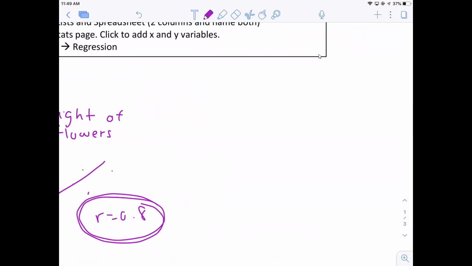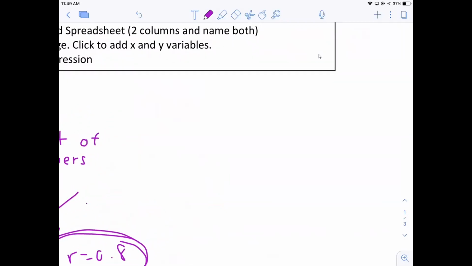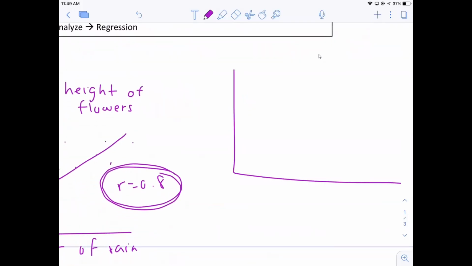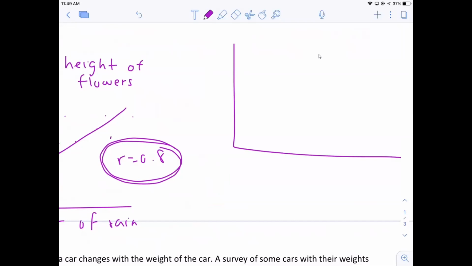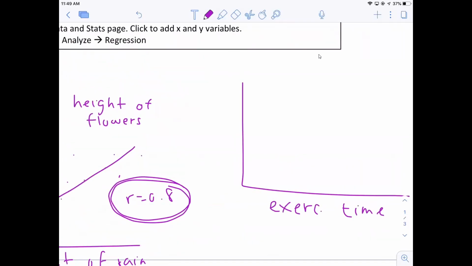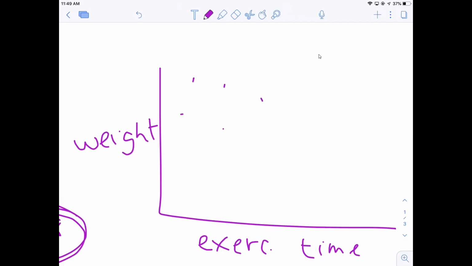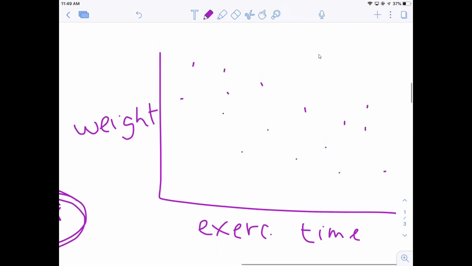For example, let's say the amount of time you spend exercising, right? So actually, let me just go straight to the graph. Let's say you had another graph, which was amount of time you spent exercising. So exercise time and your weight. So you might expect the more time you spend exercising, the lower your weight might look. So maybe these are the data points for the amount of time you spend exercising and the weight.